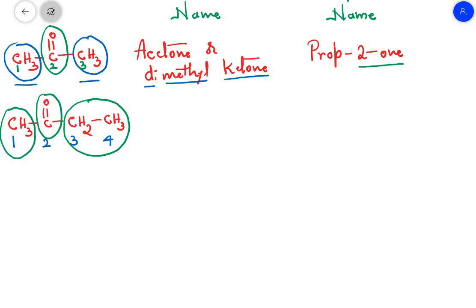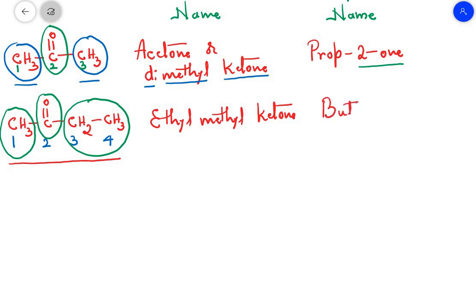Alphabetically E comes first, so the common name of this compound is ethyl methyl ketone. But if you see the IUPAC name, we are having 4 carbon atoms in the straight chain, and at second we are having the functional group, so the name of this compound is butan 2 one.